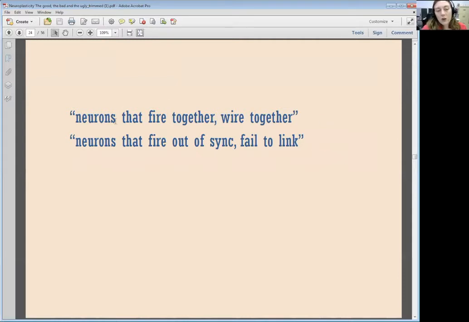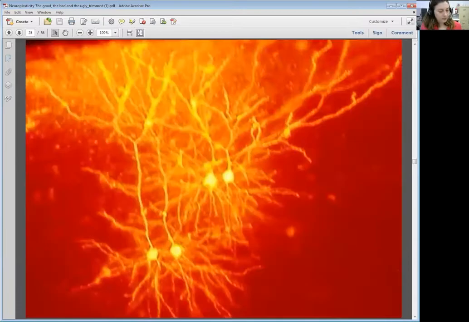So when neurons repeatedly fire together, they start to form very strong links. Similarly, if we ignore particular actions and don't perform particular actions, those neurons are not going to fire together. And neurons that fire out of sync fail to link is another saying.